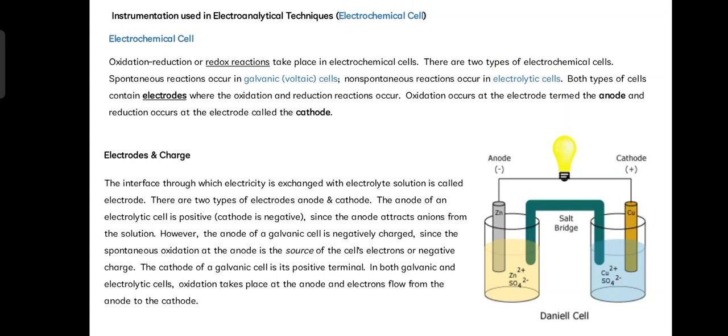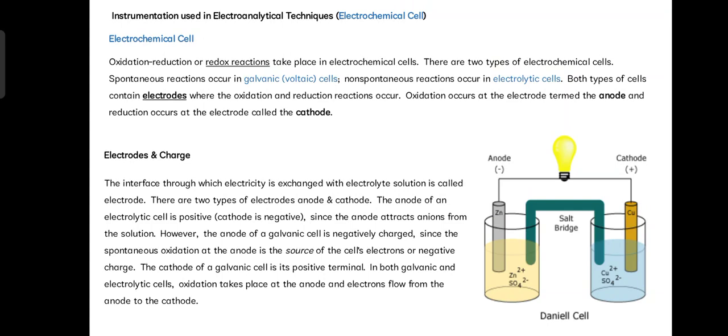In galvanic cells, however, the anode is negatively charged. In an electrolytic cell the anode is positively charged, which means the oxidation process occurs at the positively charged anode, and the cathode is negatively charged.